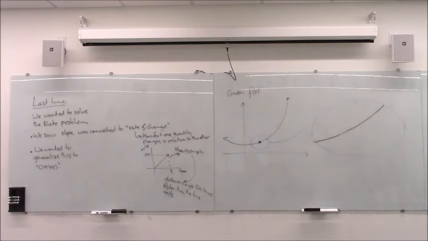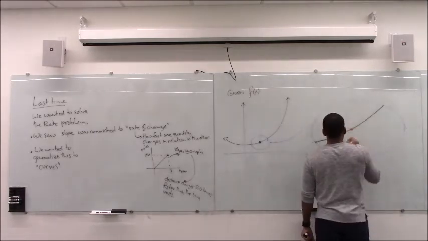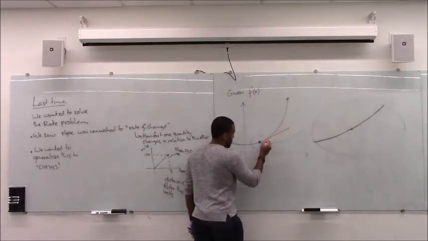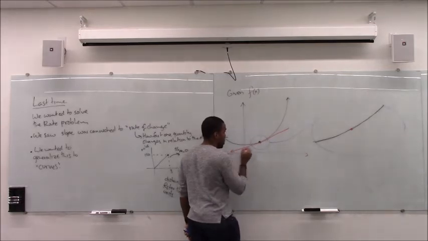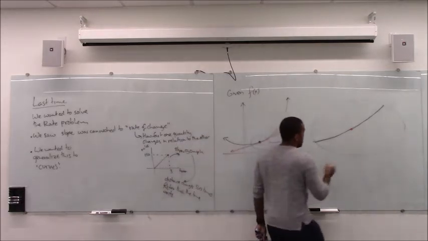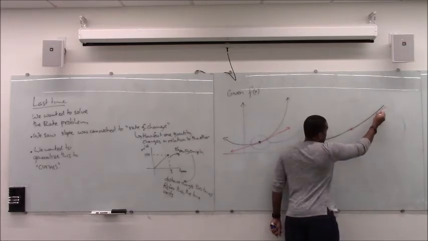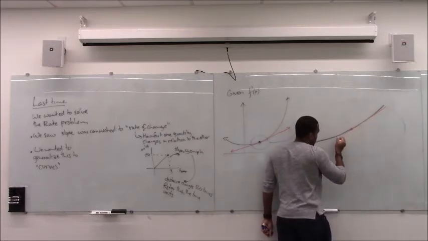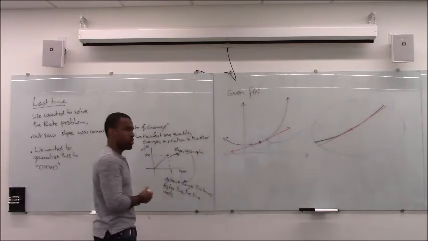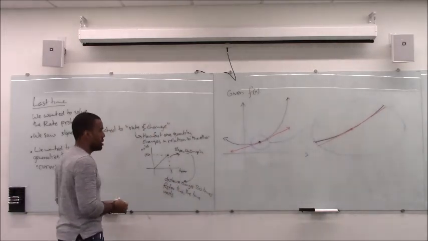Is it possible to create a line that's actually going to do that? So at this point of interest, I want to create a straight line, because that's the thing I know how to measure the slope of, in such a way that if I zoom in, the line and the function are doing pretty much the same thing at that point. They become less distinguishable the more I zoom in, right?